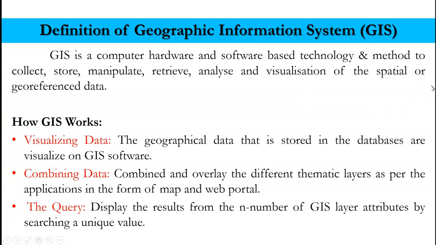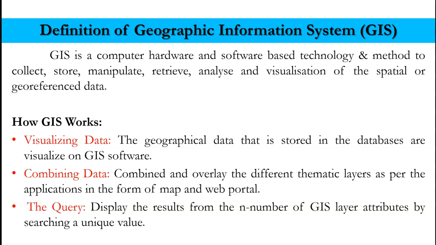Definition of geographic information system. There are many definitions, so I tried to generalize the technology to understand the basic idea behind the GIS. Definitely we need a computer hardware and software based system to apply our methods.